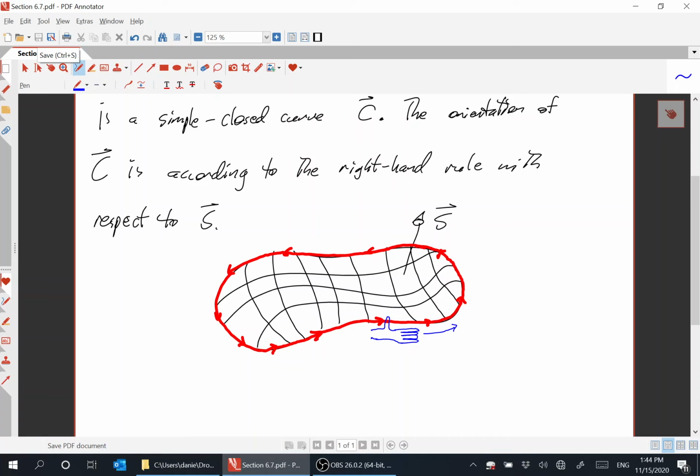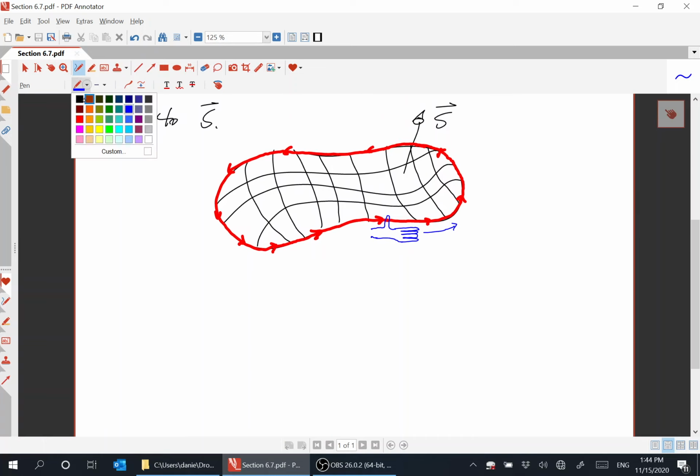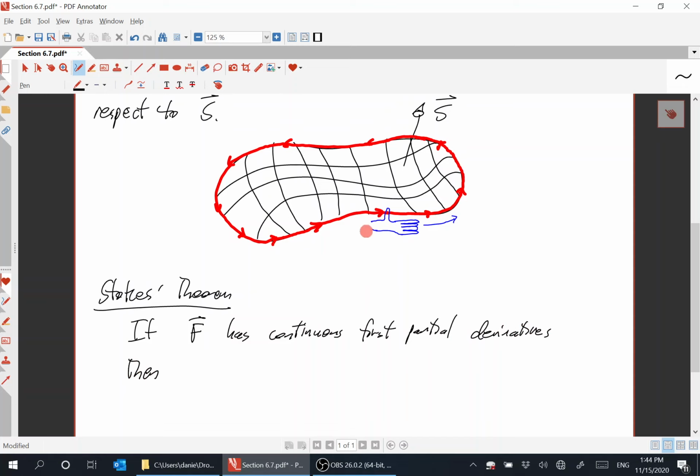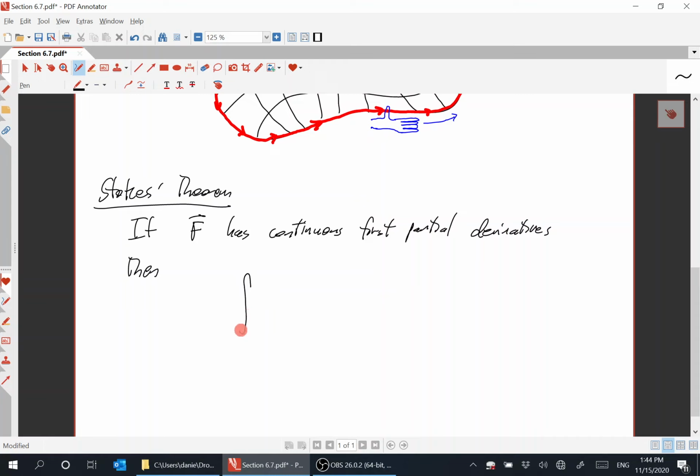Okay, so according to the right-hand rule, Stokes' theorem says the following. If vector field F has continuous first partial derivatives, then the line integral along C of F dot ds.